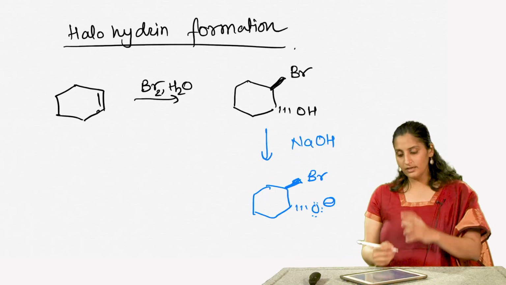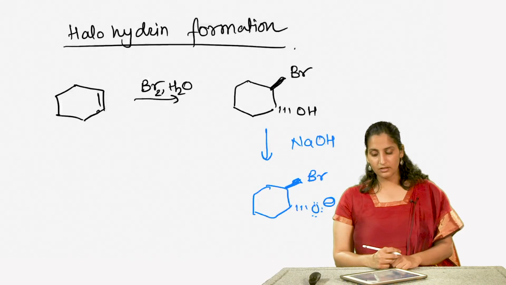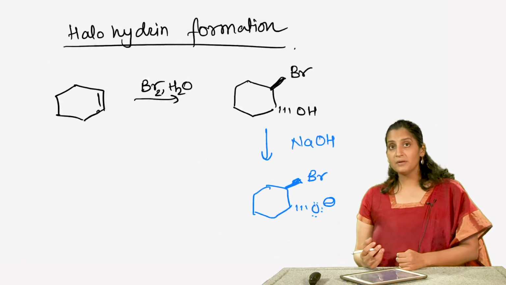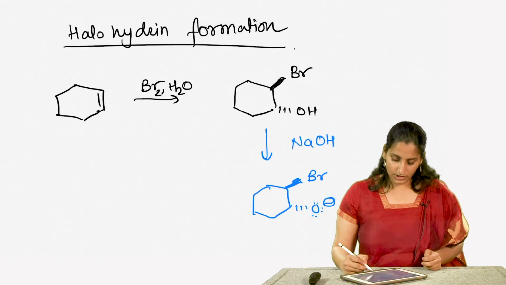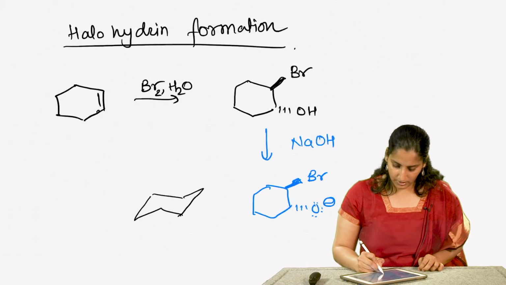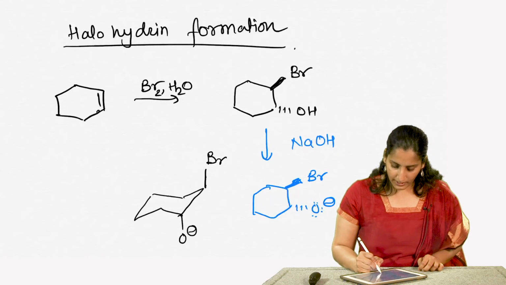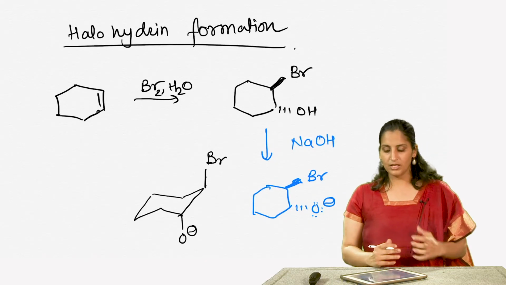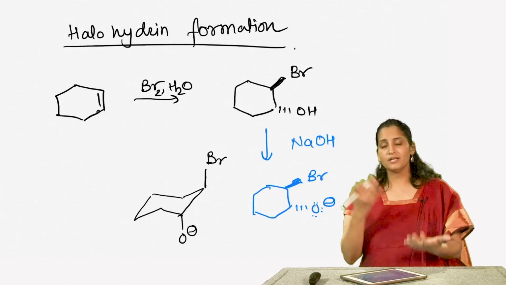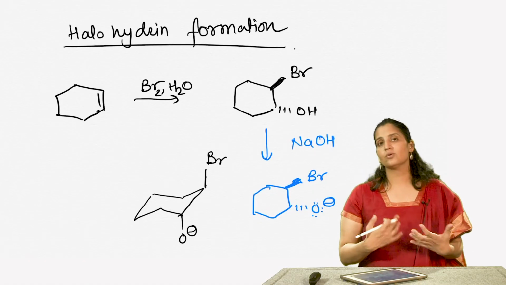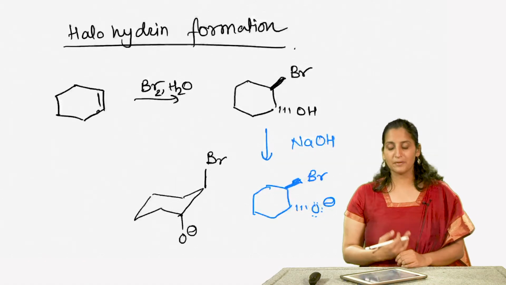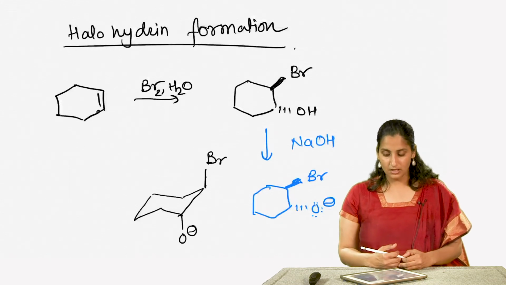the corresponding alkoxide, right. Now, if you see the geometry of this alkoxide and if we draw the chair formation, for example, we have the bromine going up and this oxygen going down, right, because they are such that one is coming towards you, one is going away from you. So, one of the ways to represent it on the chair form is this.